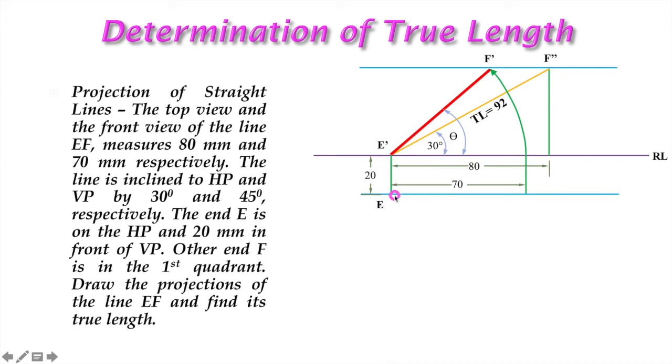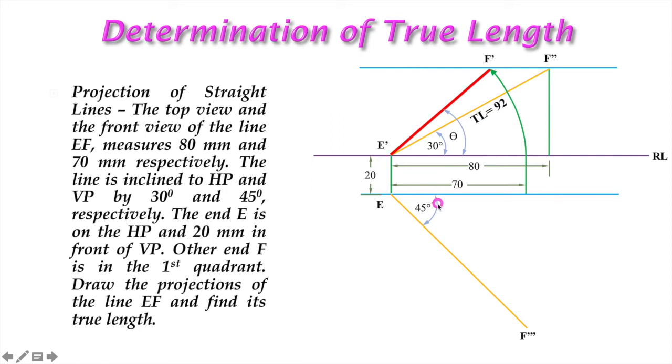Then the 45-degree angle, which is given with respect to VP, will be implemented on the ASP. So draw the true length again, because the true length here or here is the same. So this length EF triple dashed and E dashed F dashed are the same.